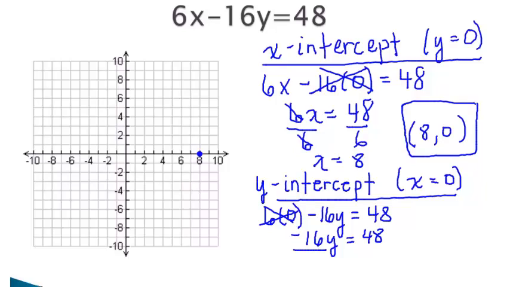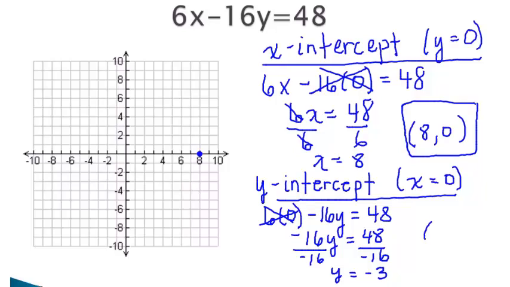And to solve for y, we divide both sides by negative 16. 48 divided by negative 16 would be negative 3. So this means the graph of this line intercepts the y-axis at negative 3.